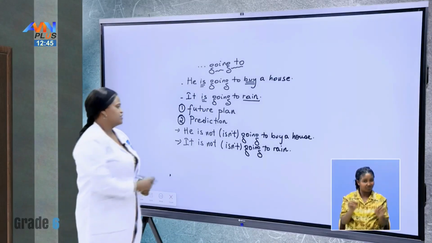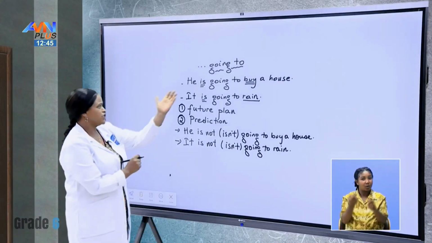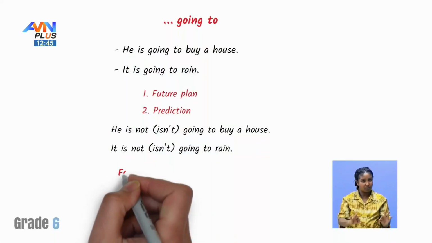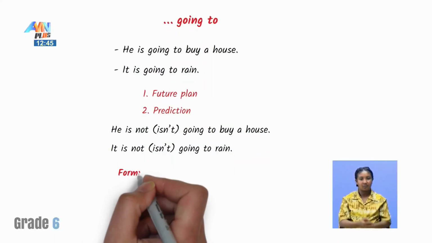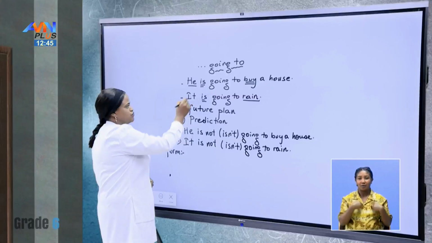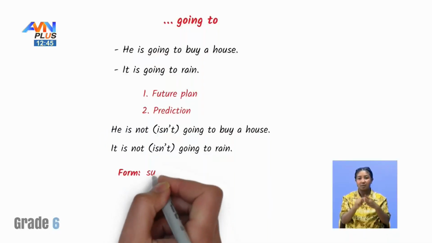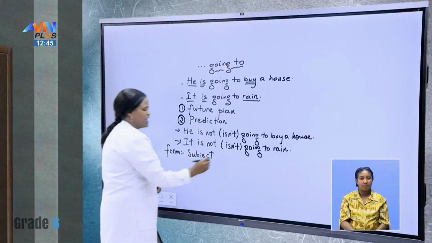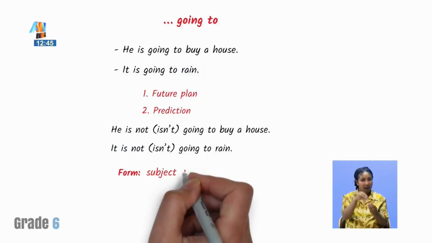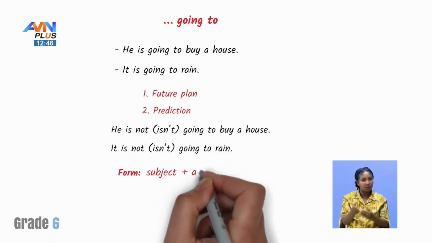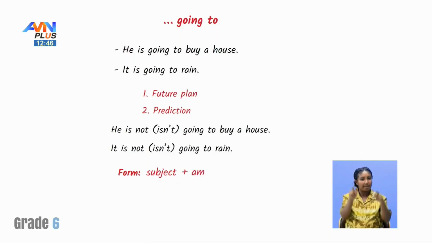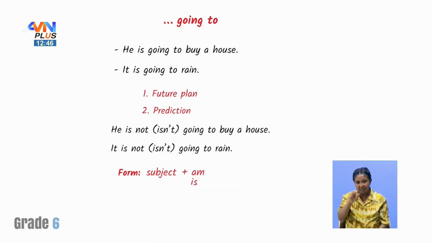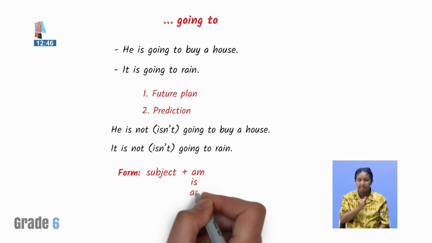When we are using going to, our form for the positive sentence is this. In both of them, we start with a subject. Plus, then what do we have after the subject? Present auxiliaries. The present auxiliaries are am, is, and are.